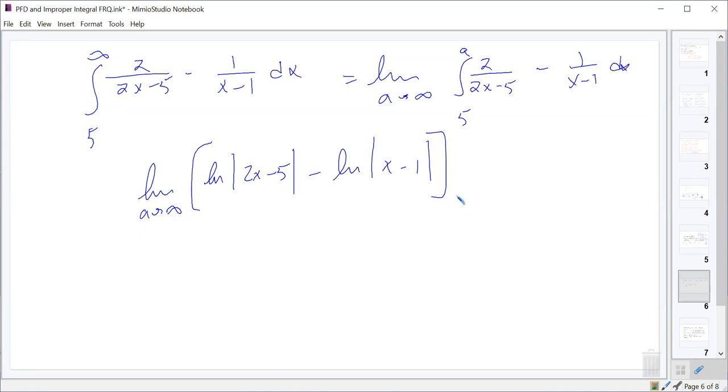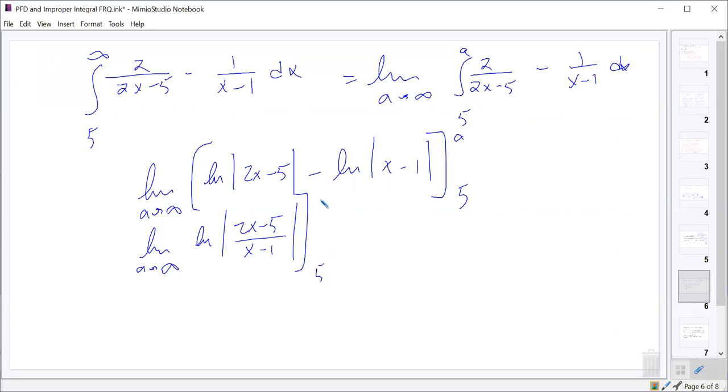From, what do we got? 5 to infinity. So 5 to a. Everybody good with that? And as we plug in our values, what do we want to do with this inside of here? We'll rewrite this as the limit as a approaches infinity of the natural log of 2x minus 5 over x minus 1.